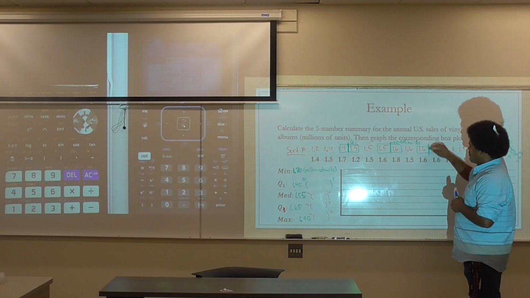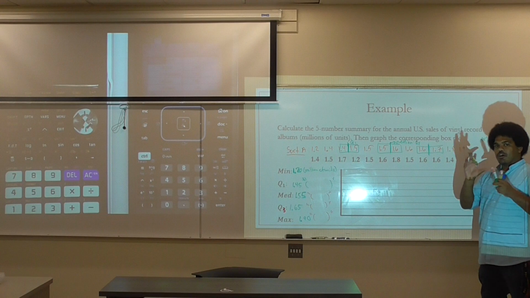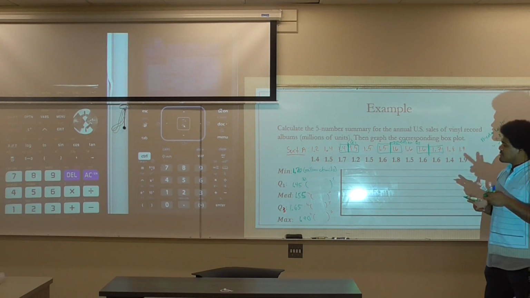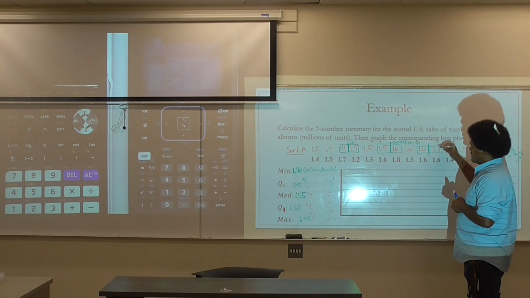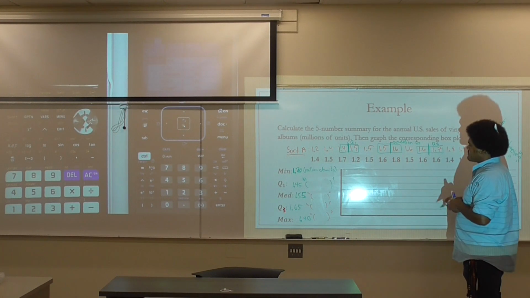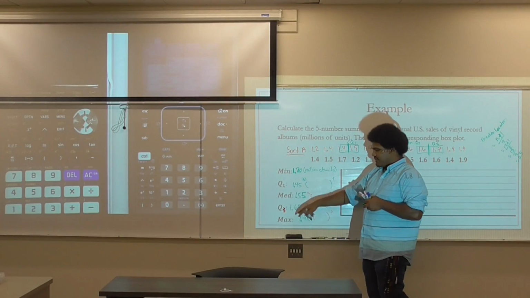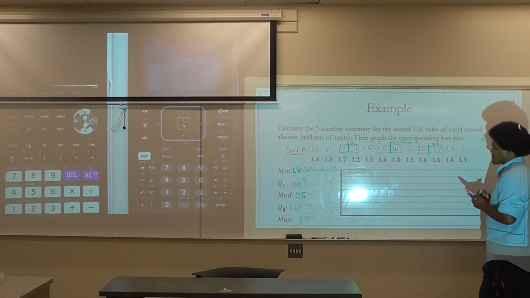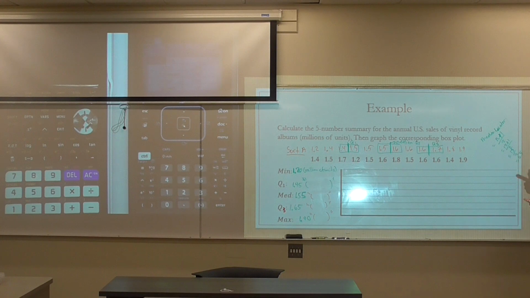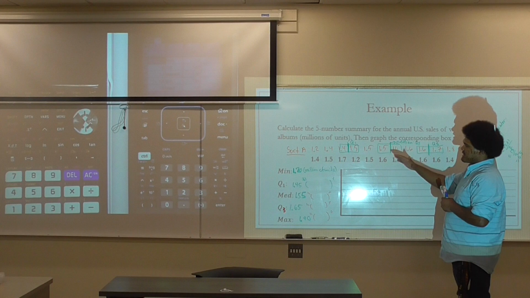I go mid-distance between them because they're halfway between. If it was a whole number, it would be itself, but it's not, so I have to go halfway between. Over here is where my Q3 is located, and mid-range between 1.6 and 1.7 is 1.65. That's how they got it, and that's how I do it by hand with the work. But first, sorting is the key. You have to sort the data, and then you can figure things out from there.